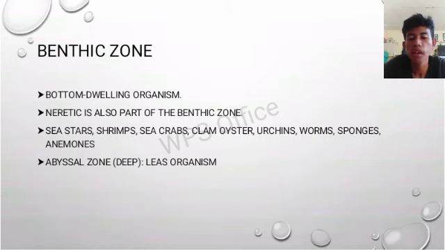Pelagic zone, the part of the open sea or ocean comprising the water column. Next is abyssal zone. When we say abyssal zone, it is the lowest ecological zone. Abyssal zone is the portion of ocean deeper than about 2,000 meters or 6,600 feet.